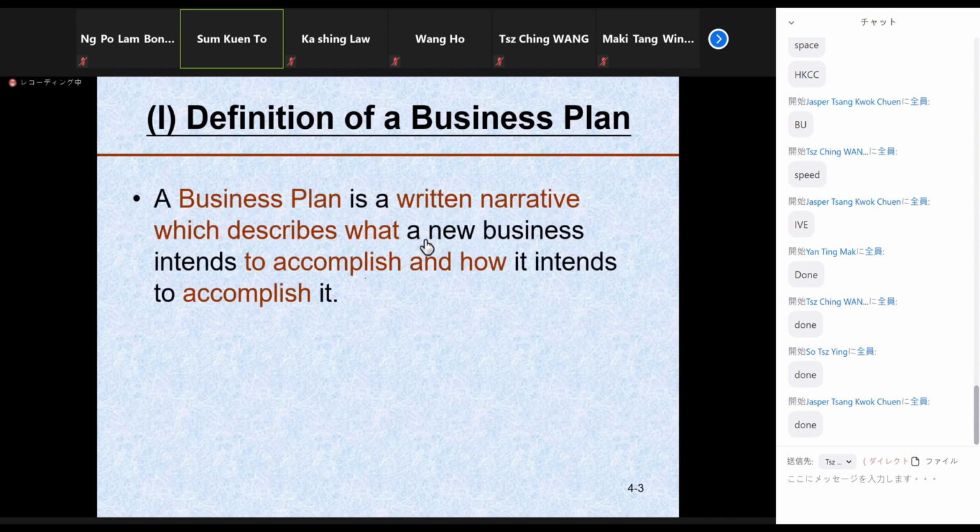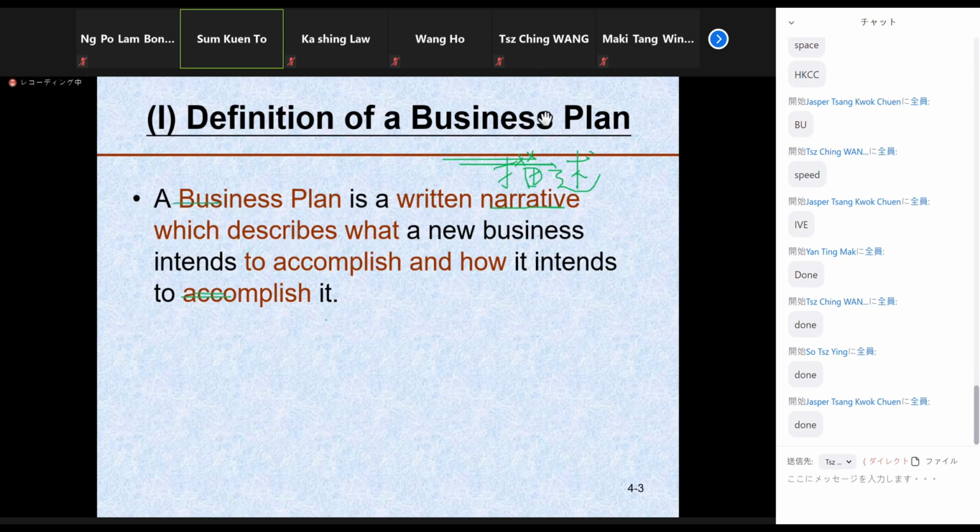Narrative is some sort of description, 係一個描述. Okay, you write some detail, a narrative, a document, and talking about, yes, my idea is good. What you want to do, what to accomplish. 你想做啲乜嘢?